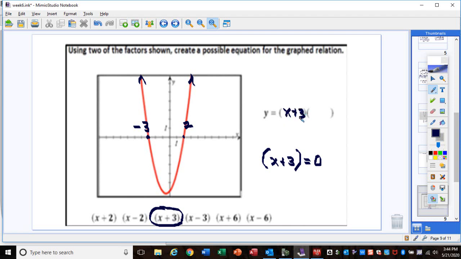Hopefully you see this. Okay? If you know that 2 is a solution, then to get 2, we had to have x minus 2 equals 0. Okay, you're working backwards, so you basically just take the opposite sign. So if +2 is a solution, then x minus 2 is the binomial factor.